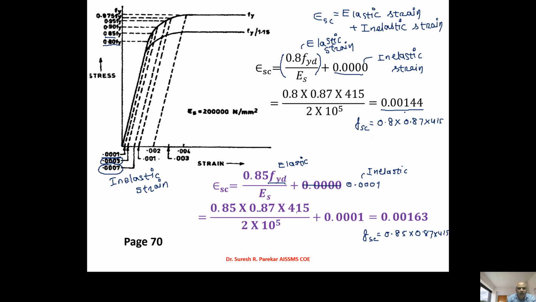For 0.95 fy it is 0.001, and for fy it is 0.002, because you can see we have marked this line, taken parallel to the 0.2% proof strain. From this we are going to get these values of fsc, and the same we have to use for both fy 415 and fy 500.